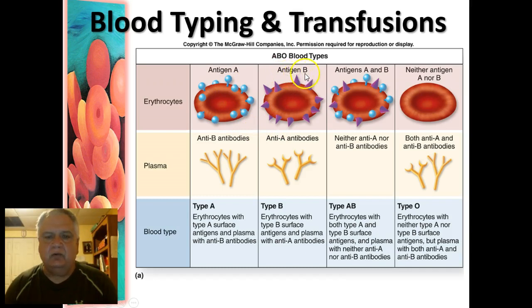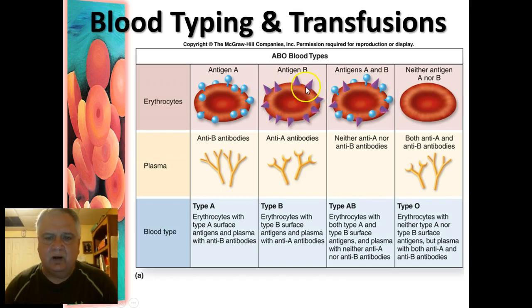On the other hand, a person who has type B blood has B antigens expressed on the erythrocytes. They will not have anti-B antibodies, but instead they will carry anti-A antibodies in their plasma. If they had anti-B antibodies and they had antigen B on the surface of their red blood cells, do you follow?